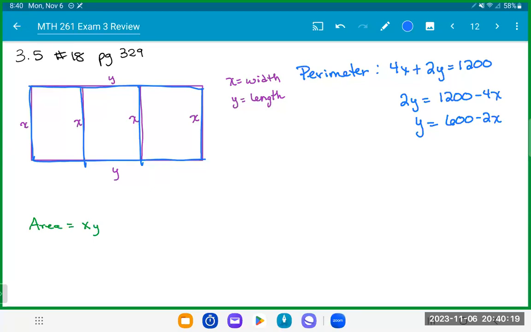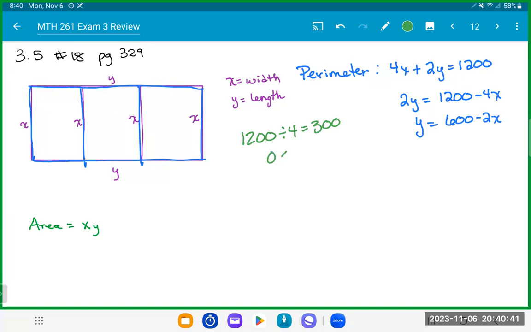All right. So now that we have that in one variable, one thing to keep in mind is if I have 1,200 yards of material and I divide that only by the x's, that means the x's have to be greater than or equal to 0.